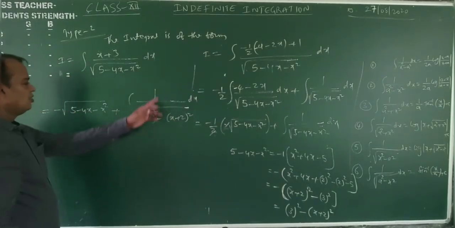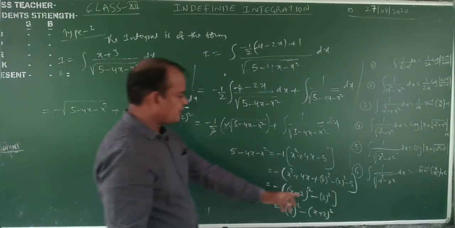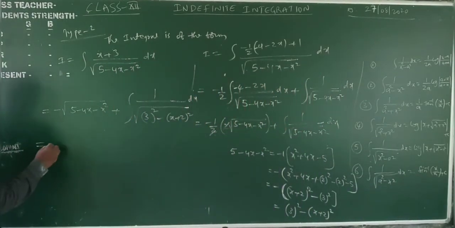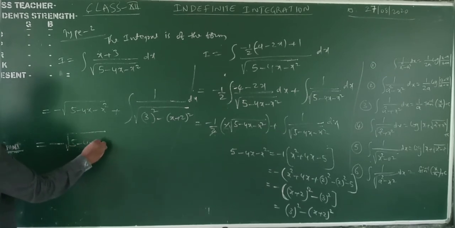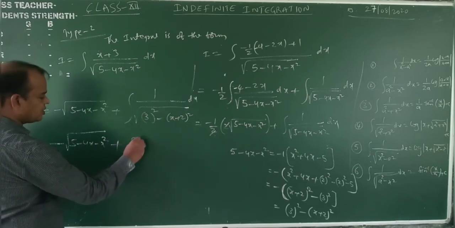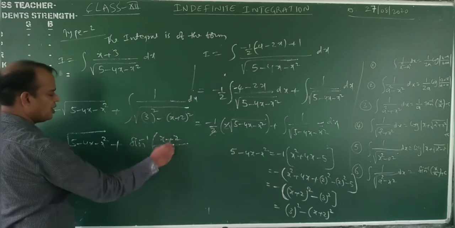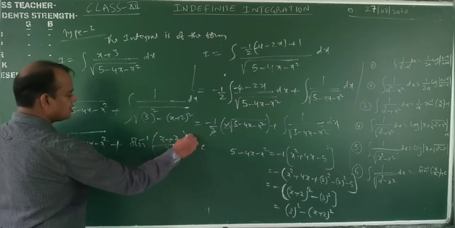What is the formula? 1 by root of a square minus x square, formula: sin inverse of x by a. This is equal to minus root over 5 minus 4x minus x square plus sin inverse of x by a, x value is x plus 2, by a value is 3, plus c.